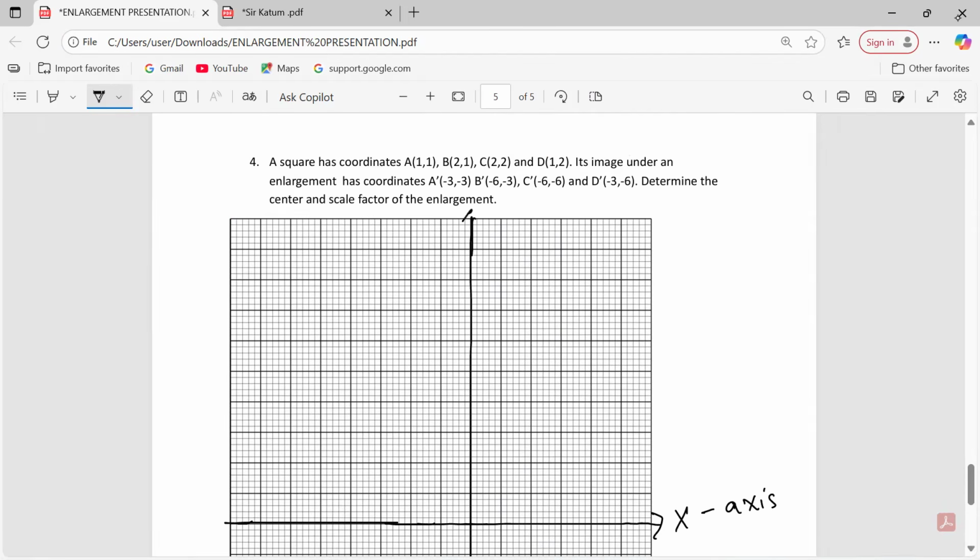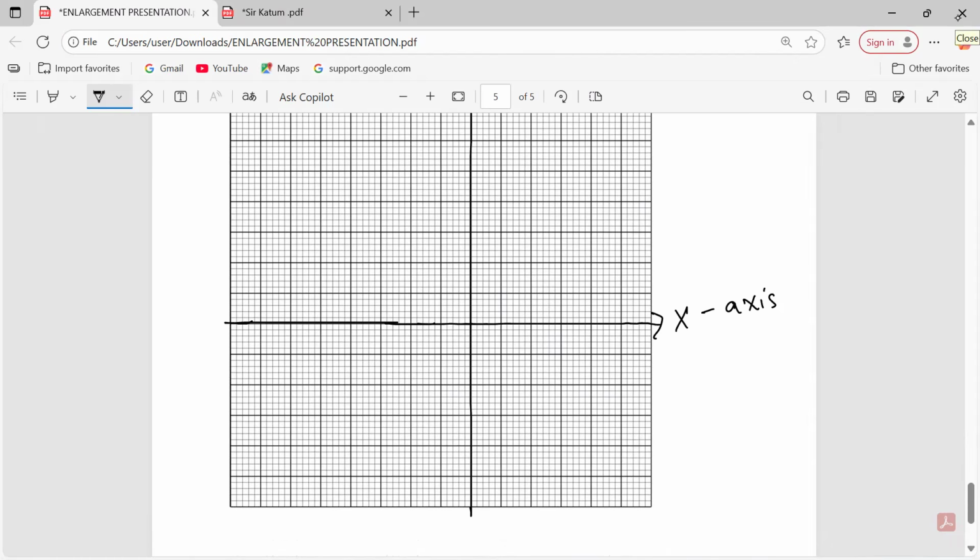So we go to the y, we label it y-axis, like that, just to make your work presentable. This is point 0, 0, the origin. So we start with 1, 2, 3, 4, 5. 1, 2, 3, 4, 5, like that.